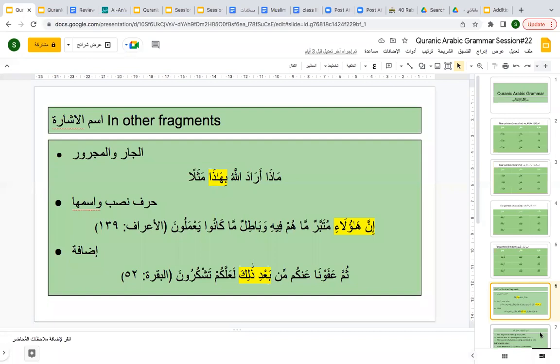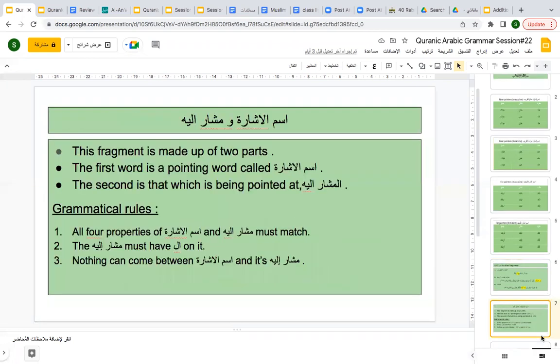Okay, so you can see that it's not going to take kasra, but it can be in jar status, nasb status, or raf status, in all three statuses. It's not going to take fatha because, you remember, it's non-flexible, but it can be of any status.